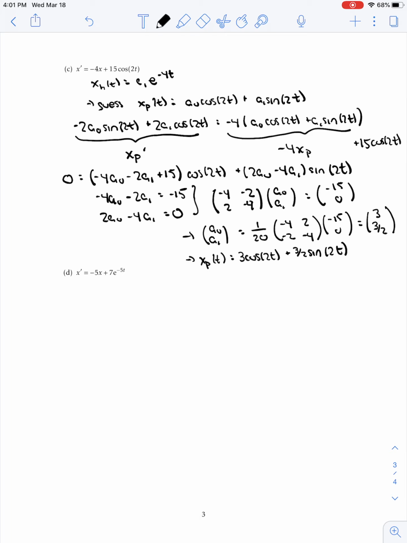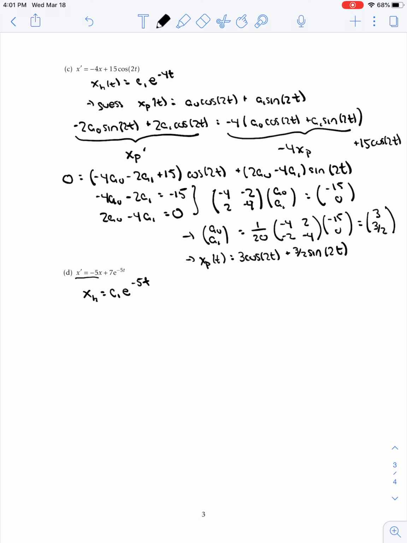Okay, our last problem. There's a little trick here that we have to worry about. So here for our last problem, it seems very much like the first problem. The homogeneous solution is x sub h is equal to c1 e to the minus 5t. Okay, that seems fine.